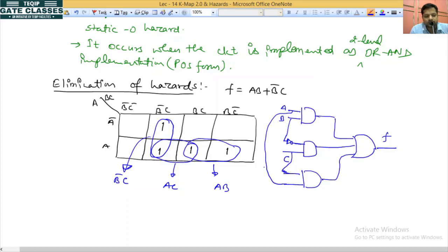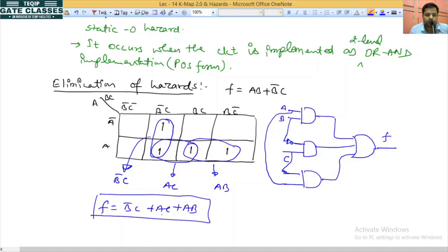Now, whenever a hazard occurs, you just include a redundant group in the function. The function will be B bar C plus AC plus AB. So if you want the hazard not to occur, you have to include a redundant term in your expression.